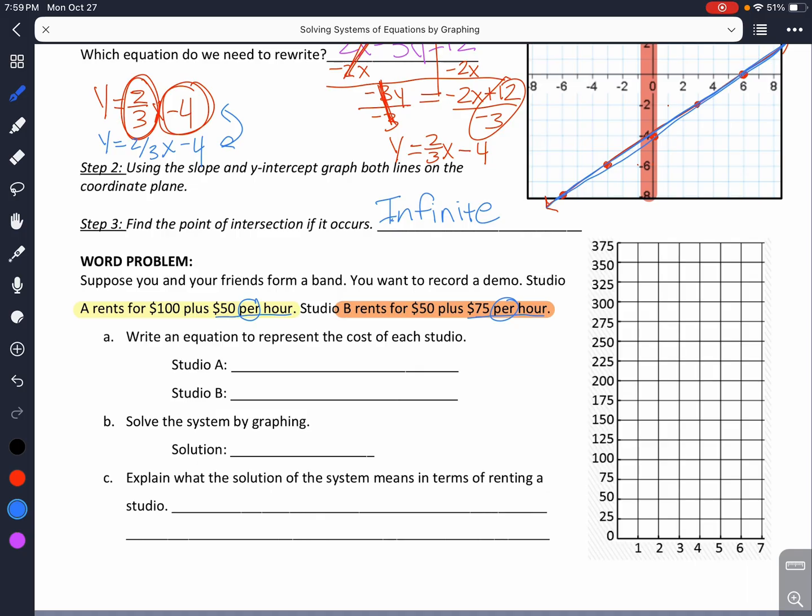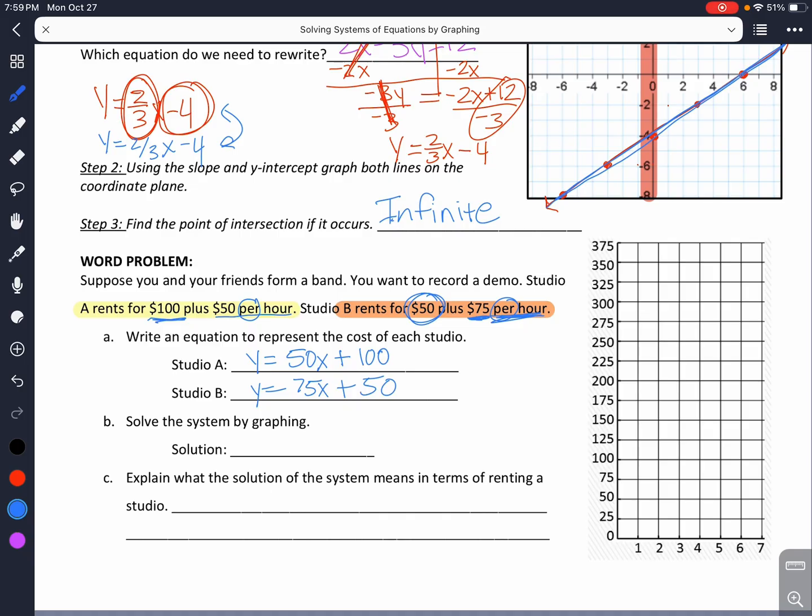Okay, so for Studio A, our equation would be y equals 50 times x, so 50x, plus that initial fee of $100. Okay, Studio B here, 75 is the number that's with the per hour. So this would be 75x, and then it rents for that initial fee of $50. Okay?